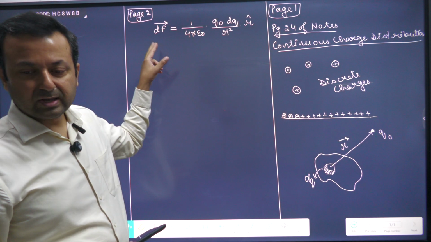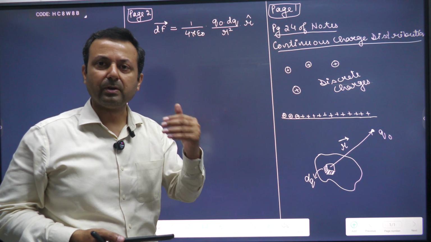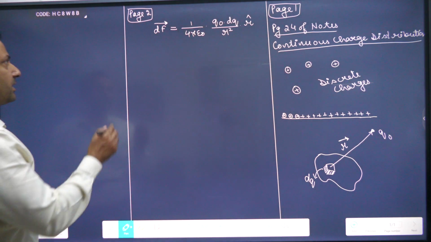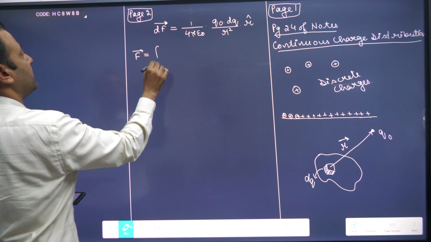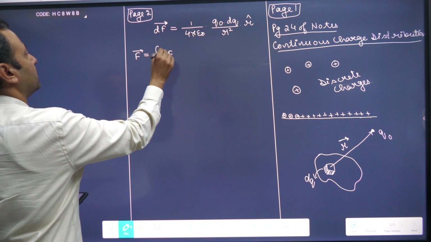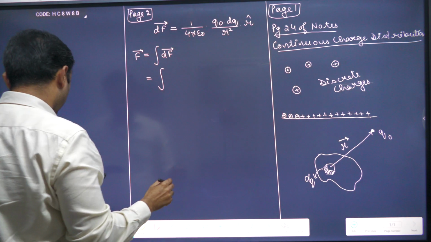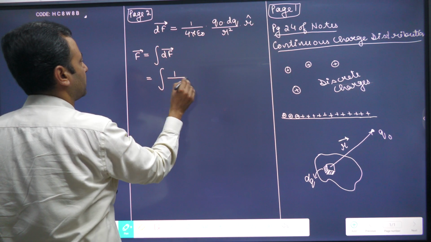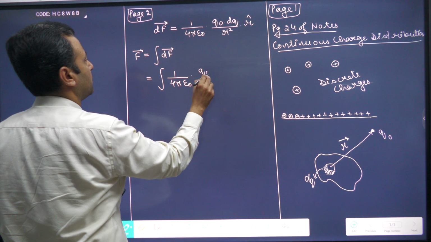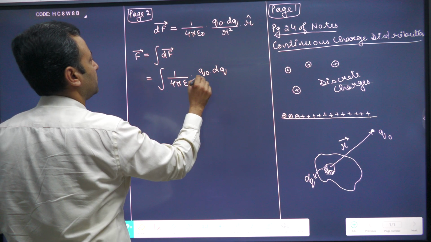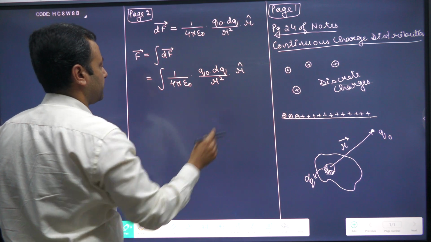So F vector is equal to the integration of dF vector. Now what is dF vector? dF vector is 1 upon 4 pi epsilon naught, q naught dq upon r square into r cap.